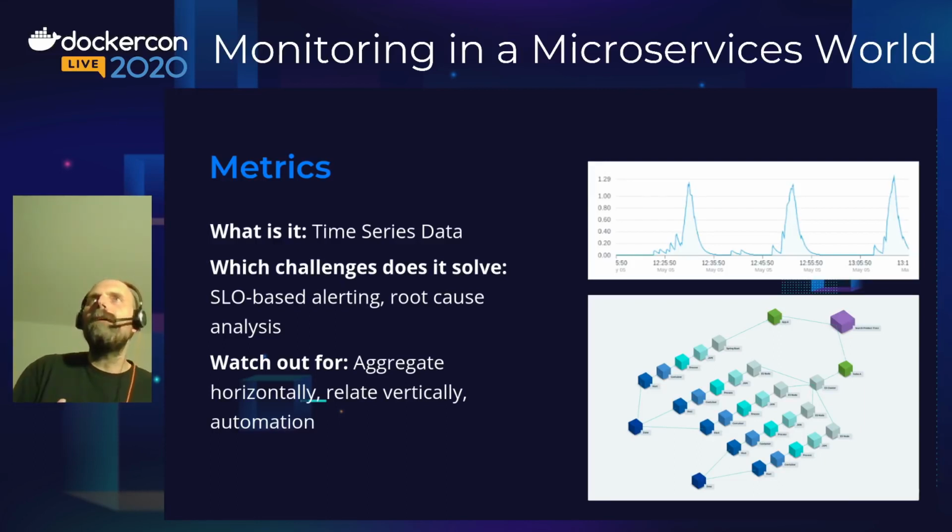And to give you an example, a typical metric that you often see in monitoring is latency, right? For a specific HTTP endpoint, you want to know how fast does it respond, right? And then you can use this metric information and define service level objectives with it.